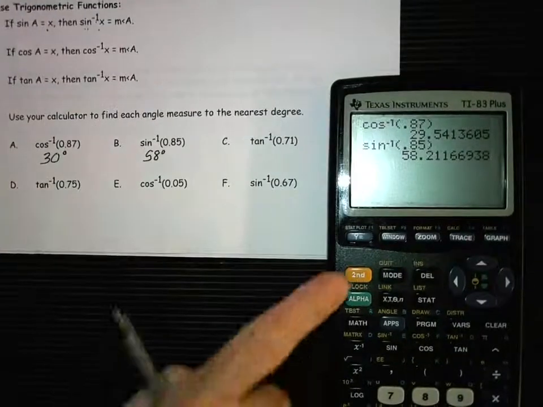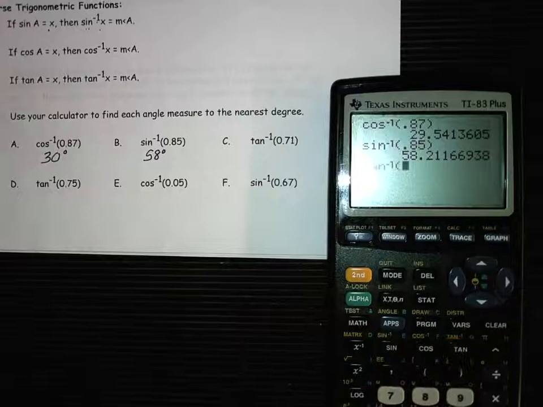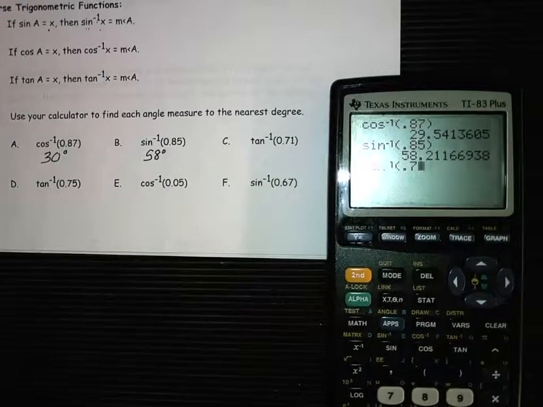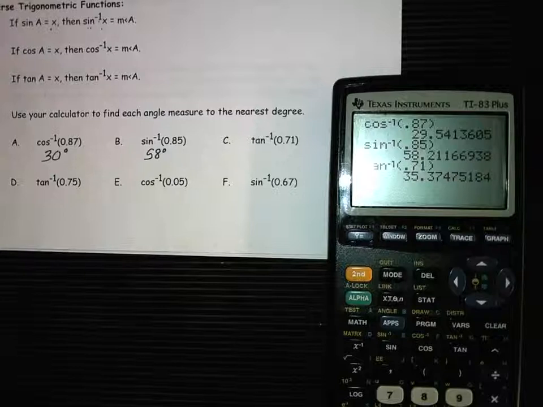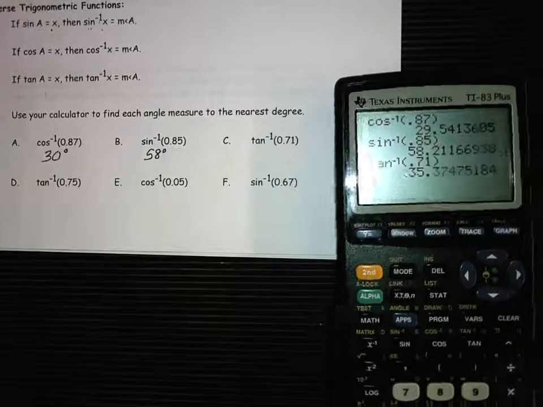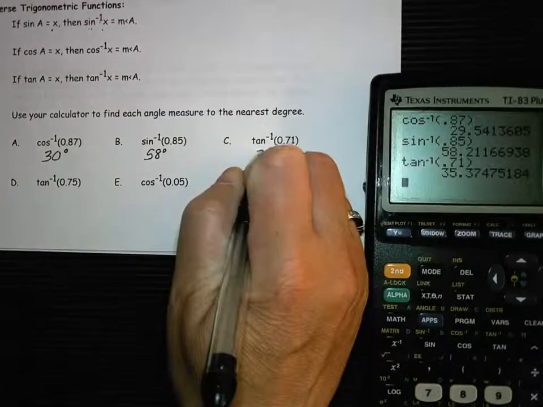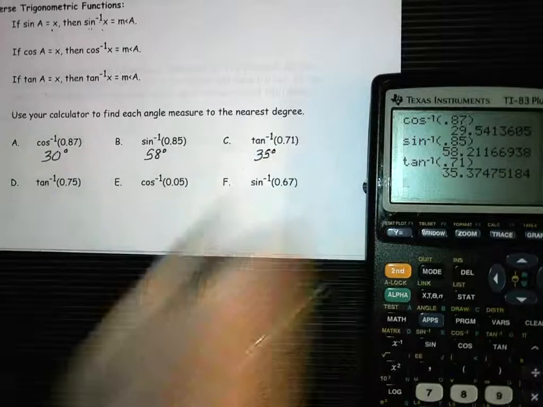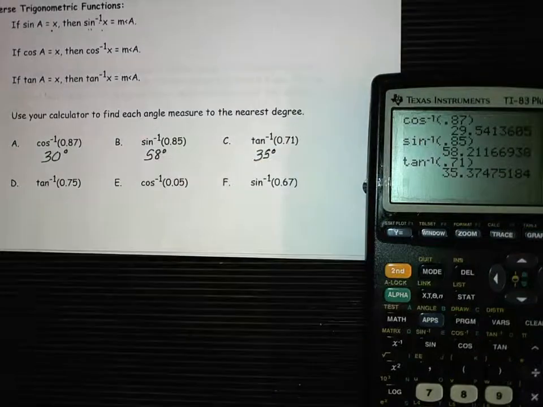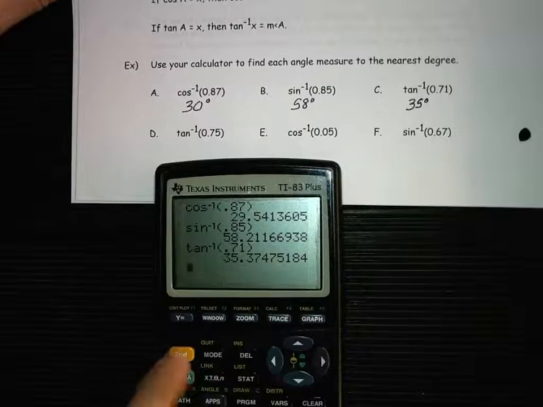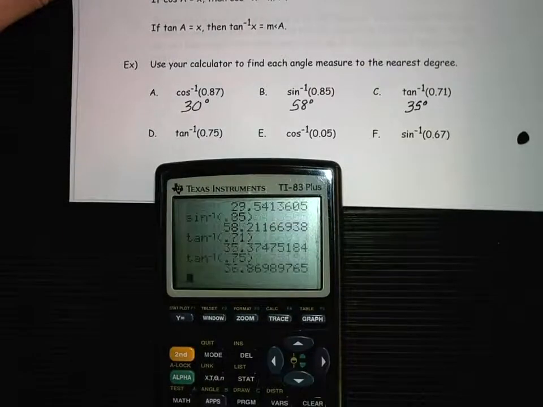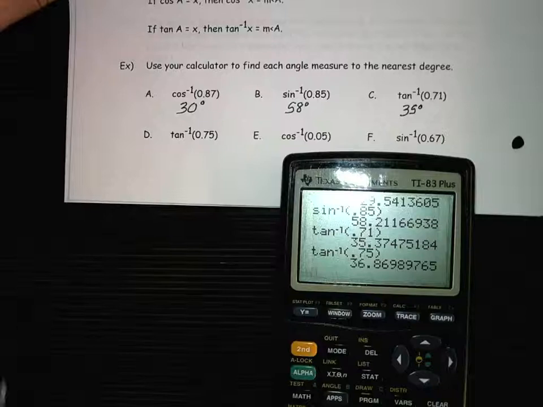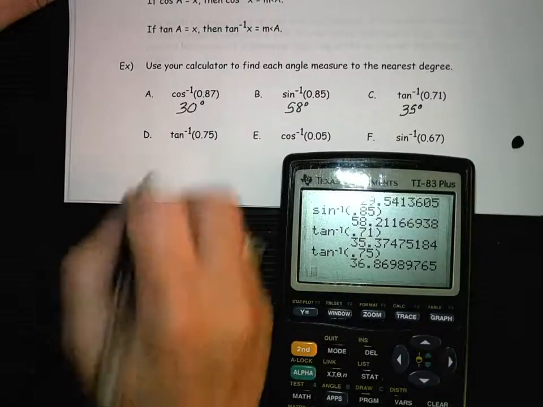And the third one, we do second tangent, 0.71. That comes up with 35.37. So that is a 35-degree angle. And the last three, inverse tangent, 0.75, ends up being 36.8.